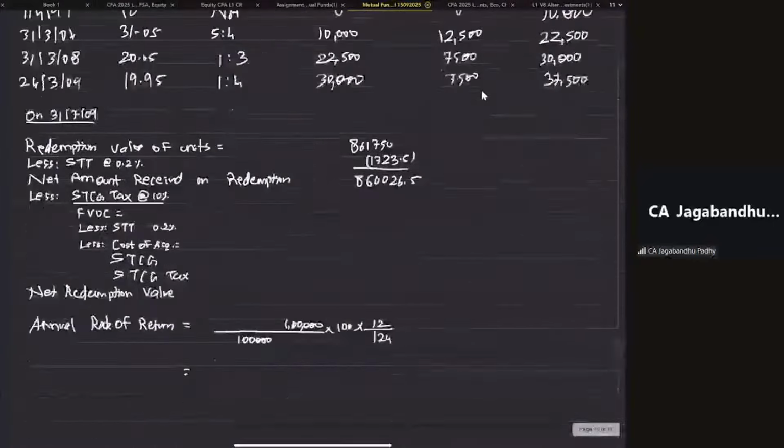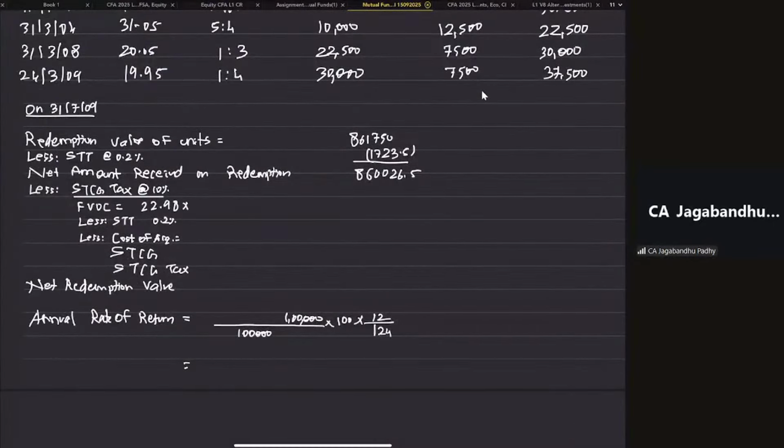So full value of consideration is 22.98 into 7,500 units. 7,500 into 22.98. That's 1 lakh 72,350. Then the full value of consideration is 1 lakh 72,350.